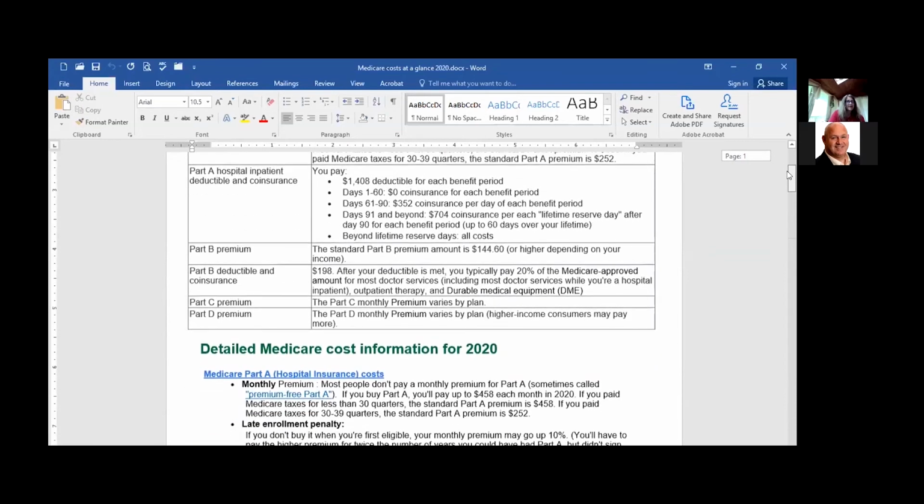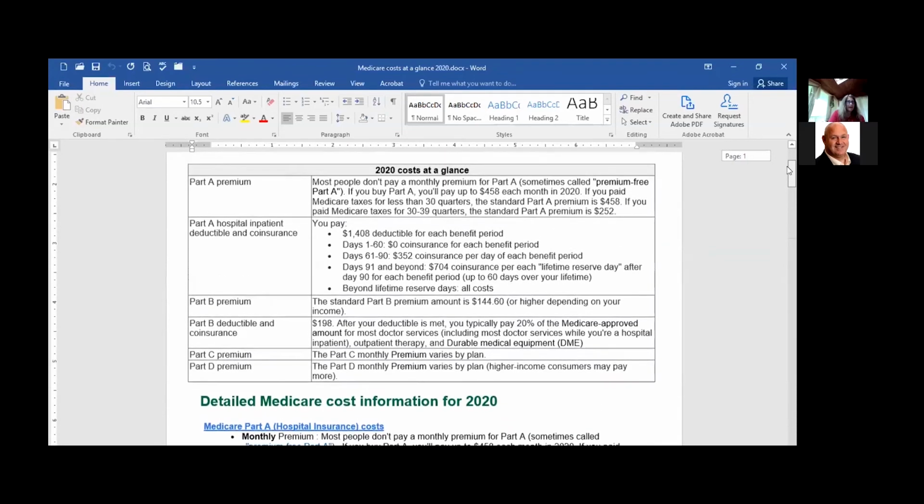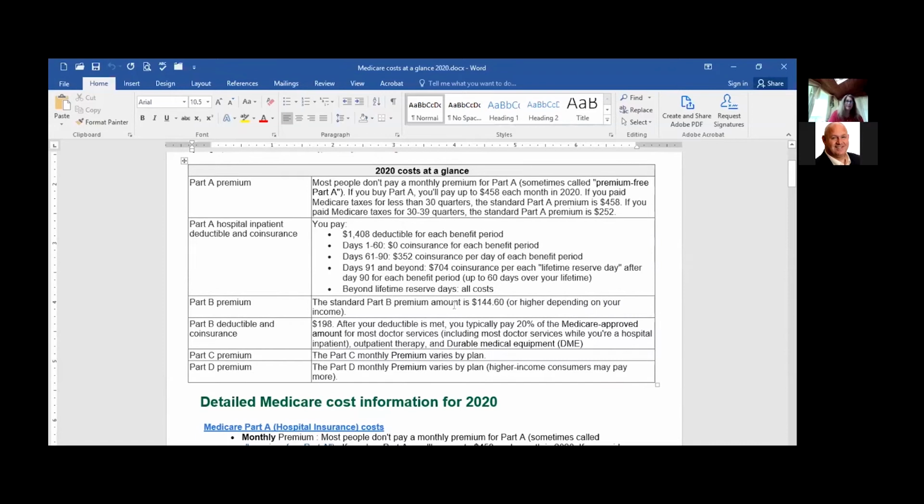So this gives some breakdown of costs. On Medicare Part A, for most people, there's no cost for it. But there is a 20% out-of-pocket cost. There are also limits to the hospital stays. On Part B, there is a premium based on income. It's an income-based premium. There are deductibles for that as well.